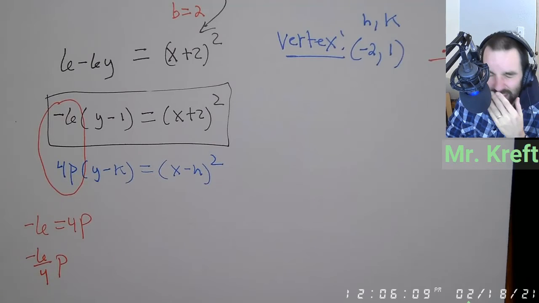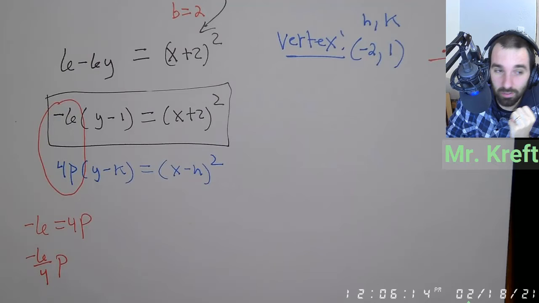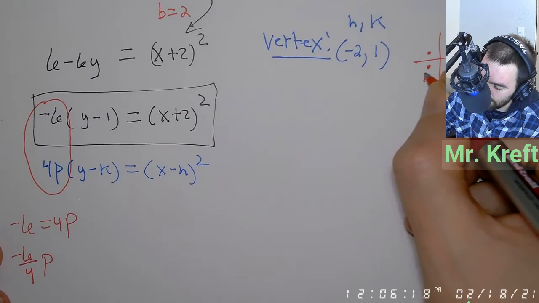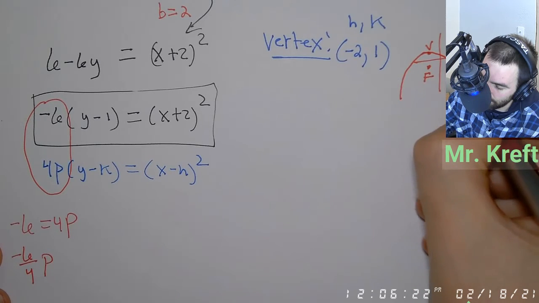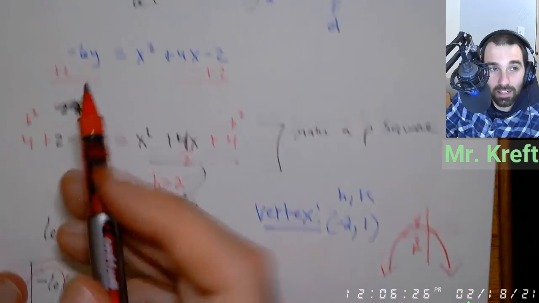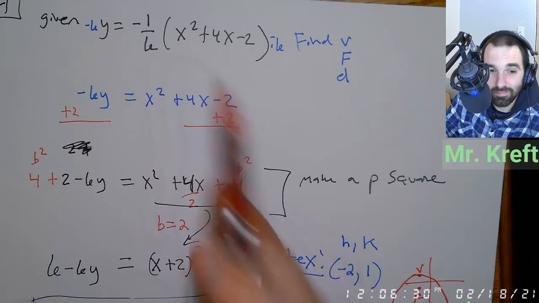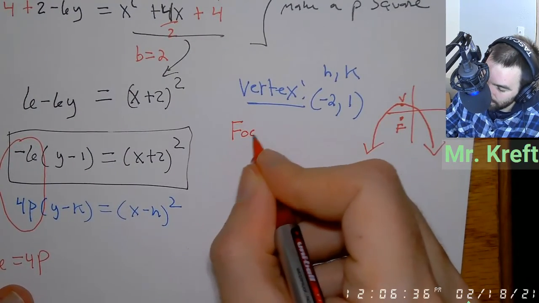I guess you could. Yeah, it's negative 3 halves. If it's negative, that means my focus is down here. So this is opening down. That makes sense, because in my original equation, I had an a term that was negative.